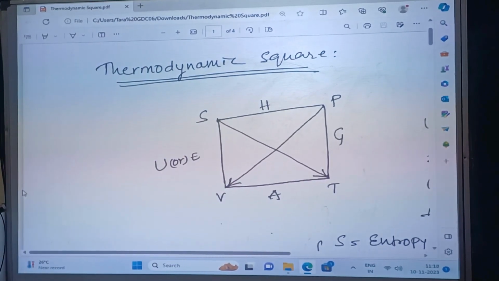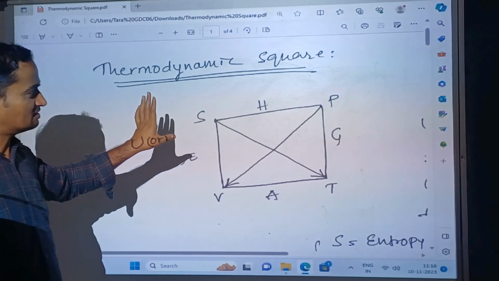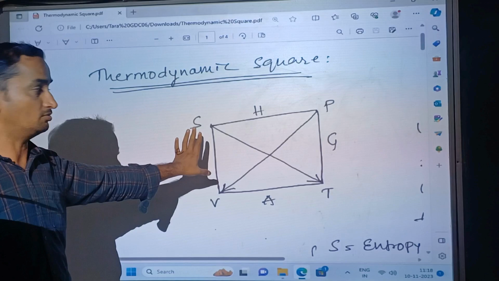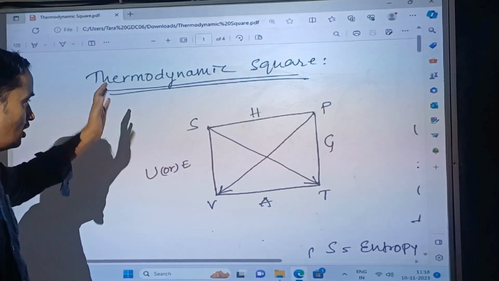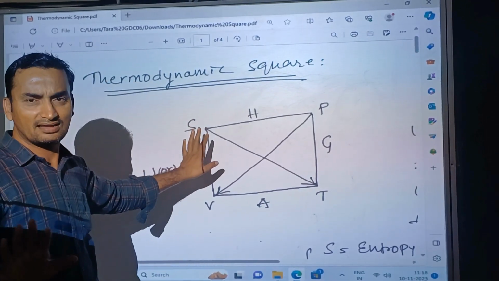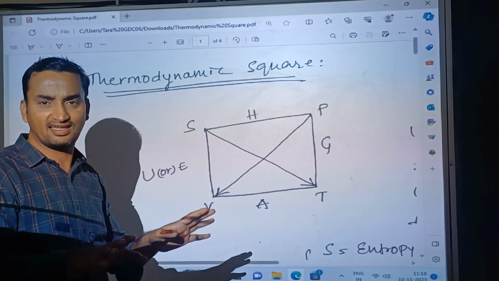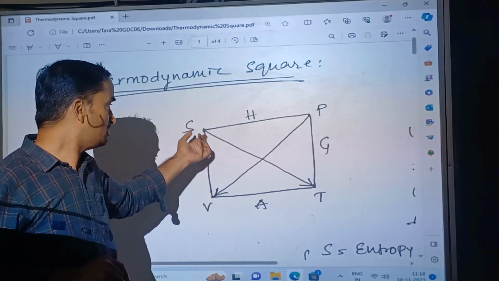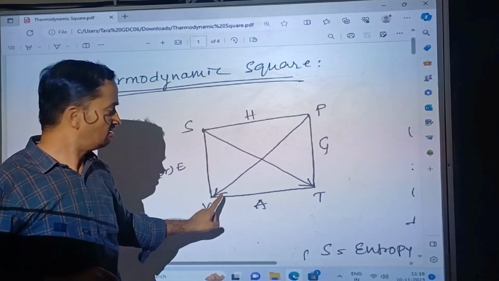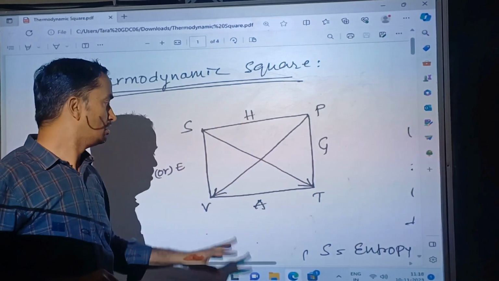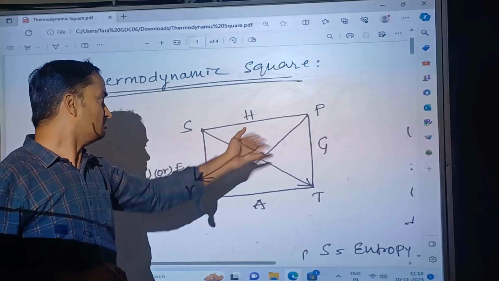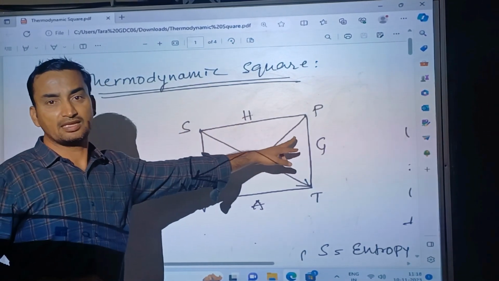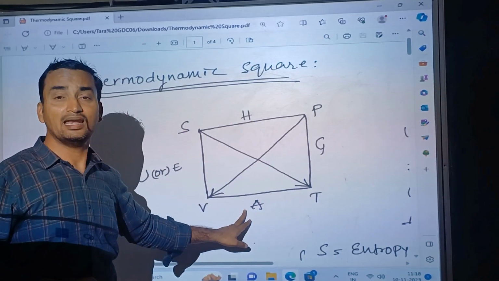Look carefully at this diagram. It is nothing but a simple square, and at its 4 corners are entropy, pressure, volume, temperature. On the sides are the internal energy U, enthalpy H, Gibbs energy G and Helmholtz energy A.